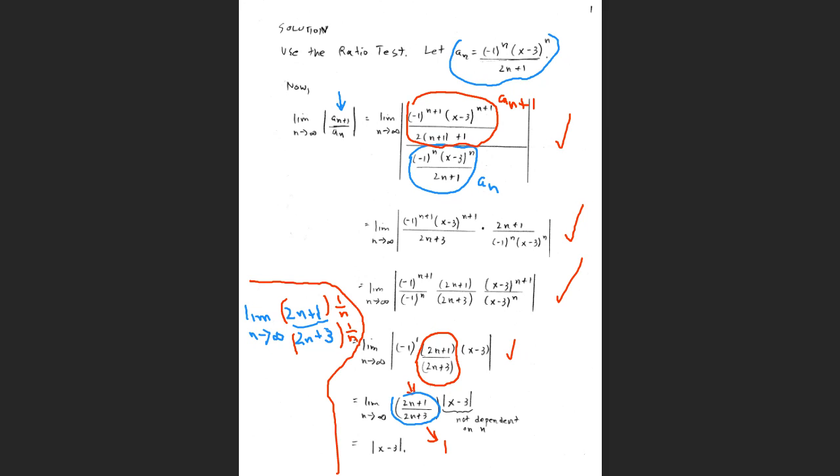Intuitively, you can see that because as n is large, the 1 and the 3 don't really contribute much. Their effect is minimal.